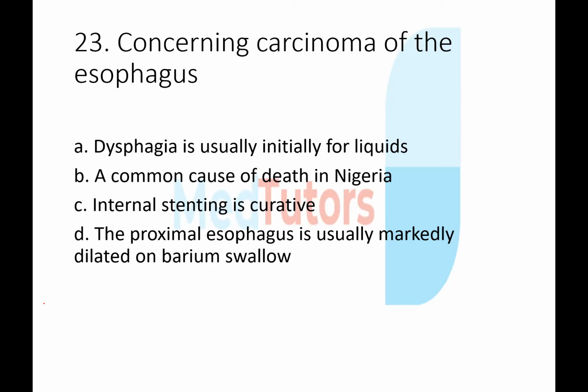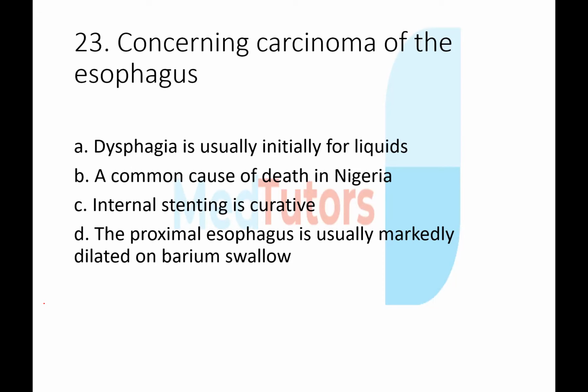Now, you need to understand something interesting about carcinoma of the esophagus and how it differs from achalasia cardia. They usually have progressive dysphagia and the duration is short. They have progressive dysphagia over a short duration, while for achalasia cardia, it's for a longer duration.